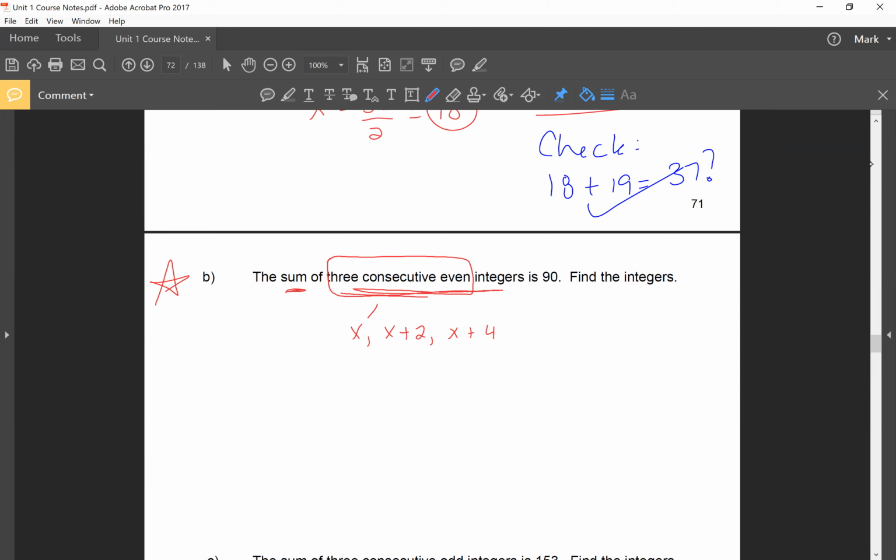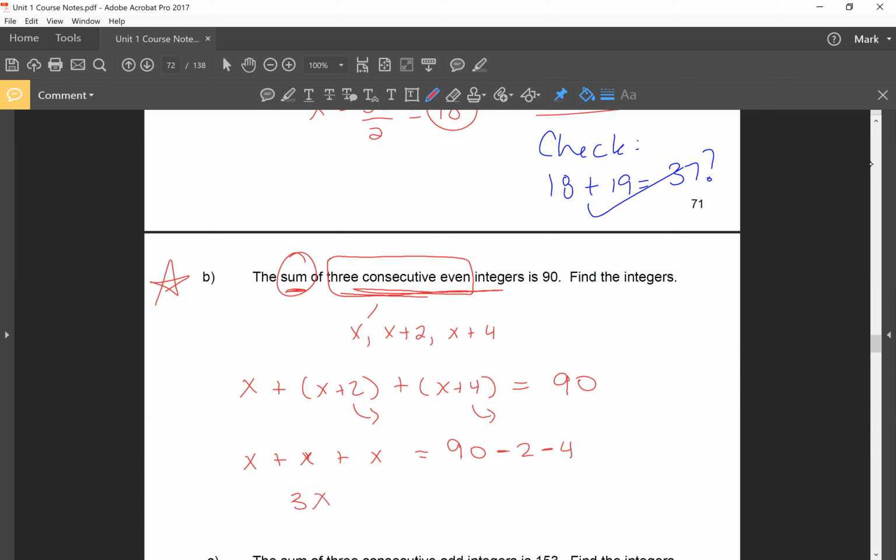Okay, so the sum: X plus X plus 2 plus X plus 4 equals 90. This looks crazy, but it's really not that bad. I'm going to move my 2 and my 4 over. So I'm going to get X plus X plus X, that's obviously 3 X's, and 90 minus 2 minus 4.